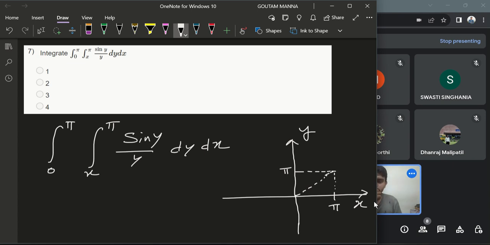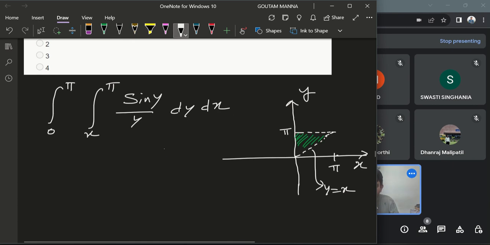So x is going from 0 to pi and y will be going from x to pi, so this will be the region.